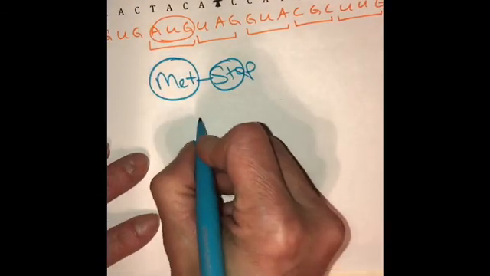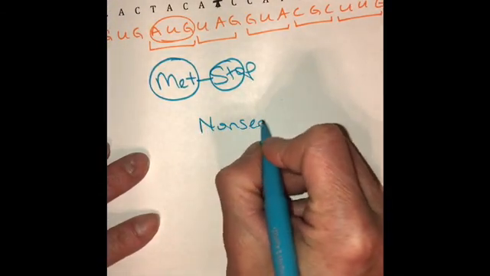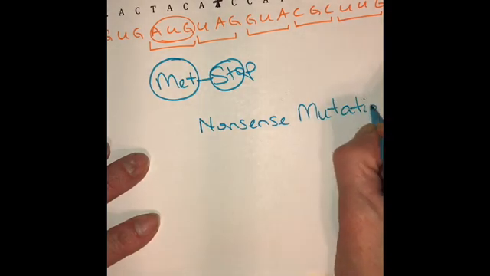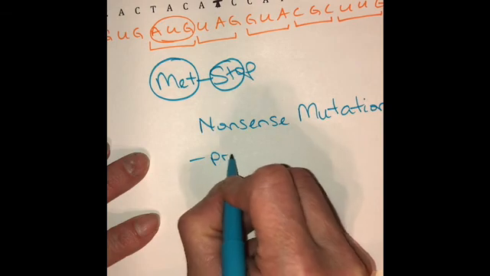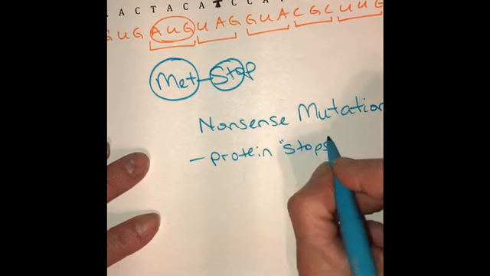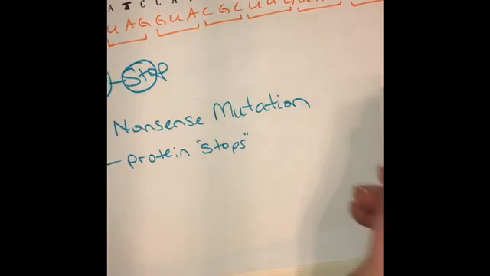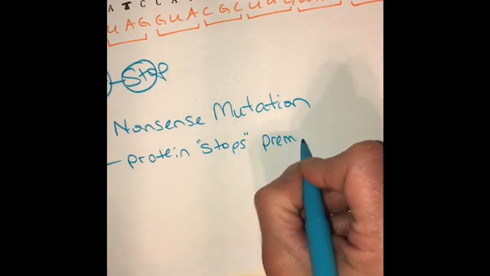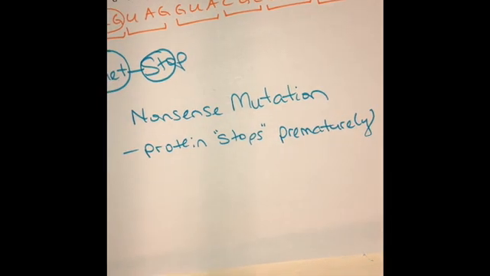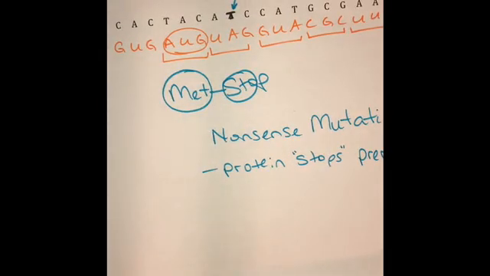So this is one more type of mutation called a nonsense mutation. And it simply means that the protein stops, because we had a stop codon, prematurely or early. So the protein really should not have been 1 amino acid long.